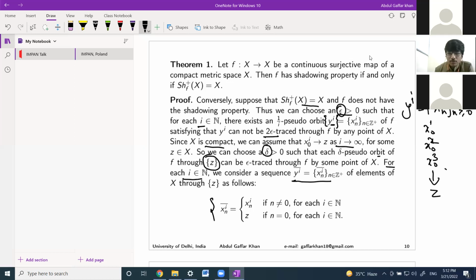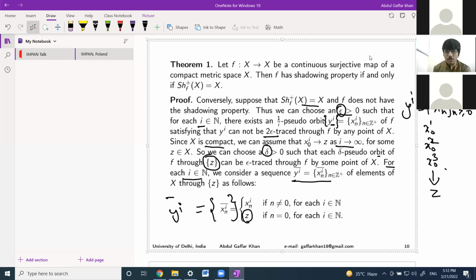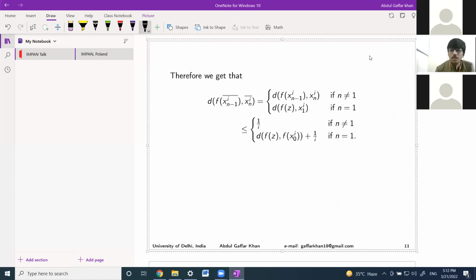We define a new sequence x_n^i bar, also denoted y_i bar, so that if n is not equal to 0, the elements are x_n^i as in y_i, and if n equals 0, we replace the initial coordinate with z. This will form a delta pseudo orbit through the point z, which can be shown using the fact that y_i is a pseudo orbit.